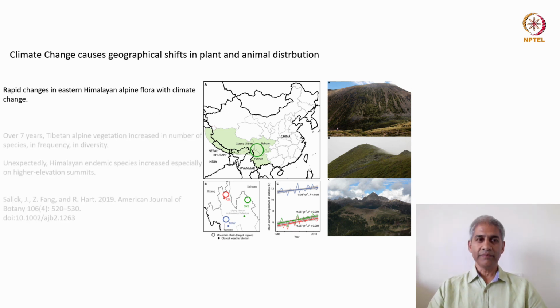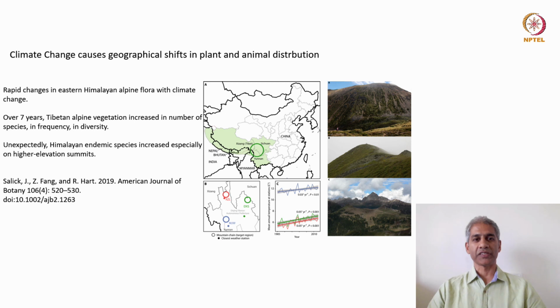The effect was that over the 7 years of study, in their plots, they saw that alpine vegetation increased in the number of species, in the frequency of occurrence of these species, and even in diversity, which could only be explained by plants moving into their study plots.